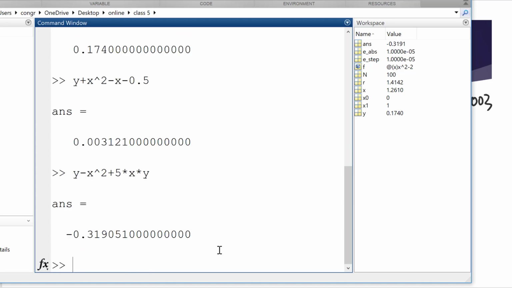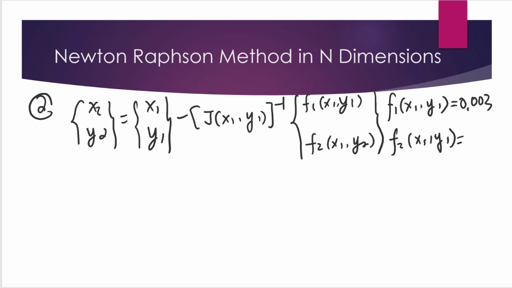So this will be negative 0.319, right? And then we need to evaluate the Jacobian inverse.